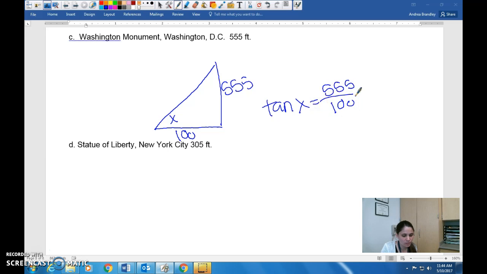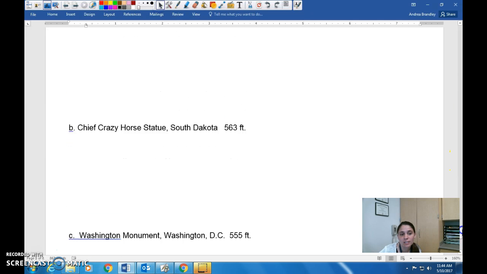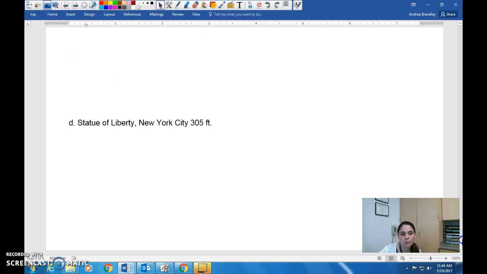Take the inverse of both sides, so the inverse tangent of 555 divided by 100, again, is really close to 80 degrees. It's 79.8 degrees, which makes sense because 555 feet was very similar to the 563 feet of the one before.